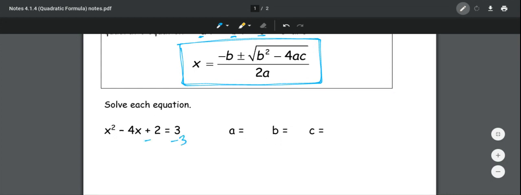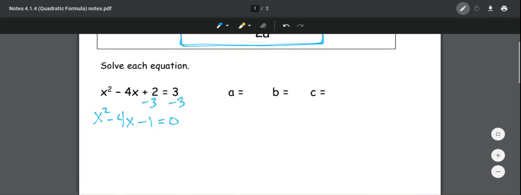So minus 3. That's negative 1. All right, so just to pretend like we are doing solving that we don't know. So negative 1, negative 4, we can't do at all.